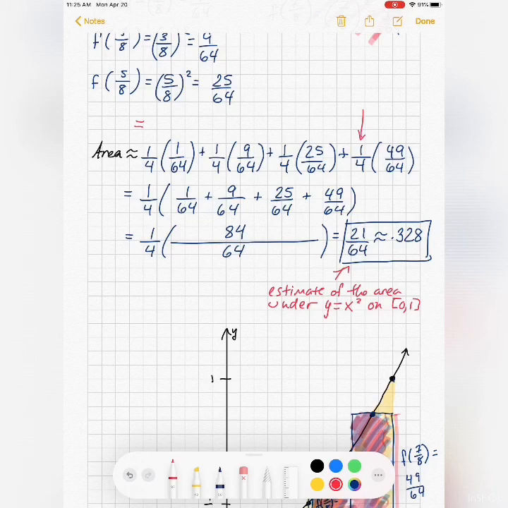This 1/4, that's the length of each rectangle, right? So here's another way I could write that. I could say delta x. That's like the change in x, right, for each interval.